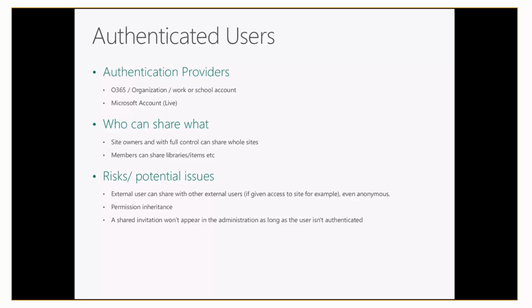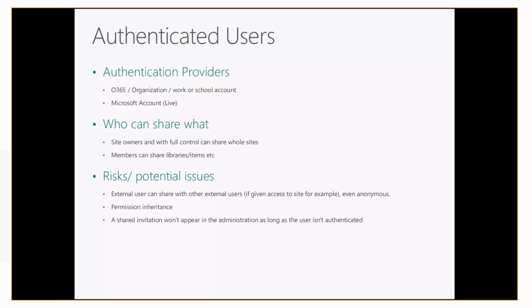Okay, so who can share what? You have a regular user, or even an external user, that can share something. For example, a site owner or a user with full control can share a whole site. So you create, for example, a new site collection, and you can share that site with an external user, and that external user can have full view access, full contribute, or full ownership of that site.